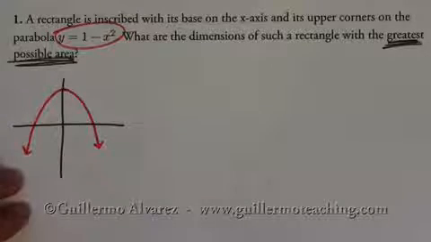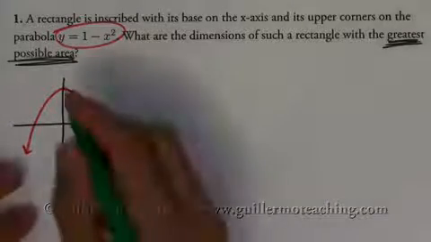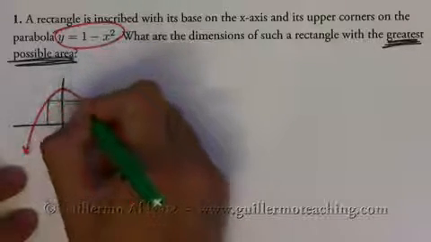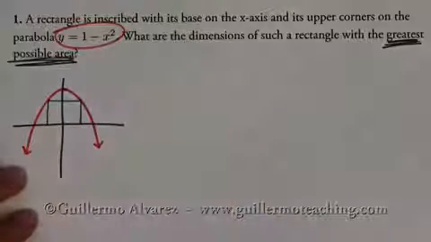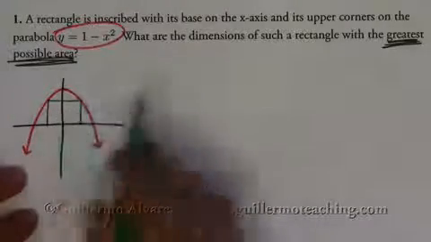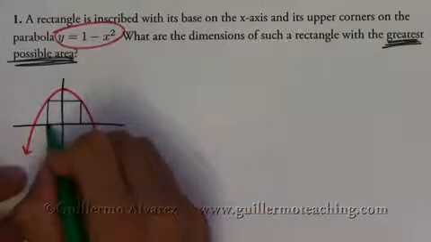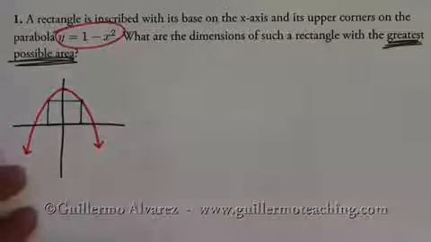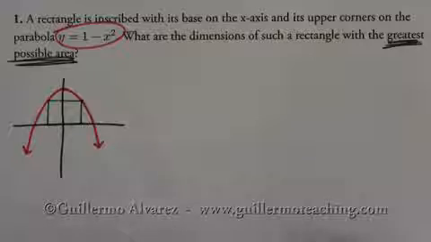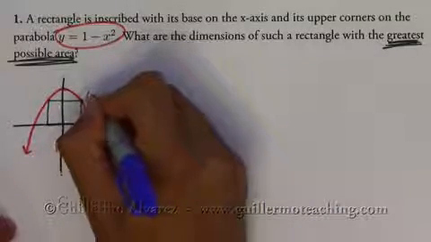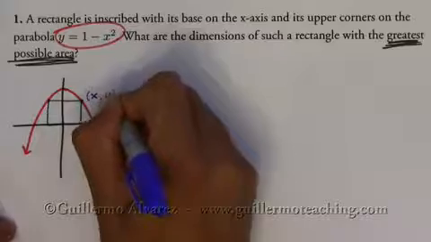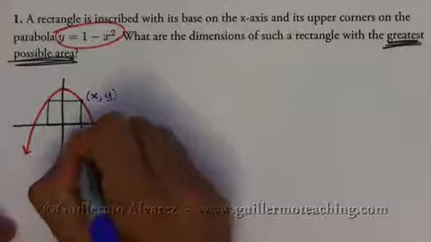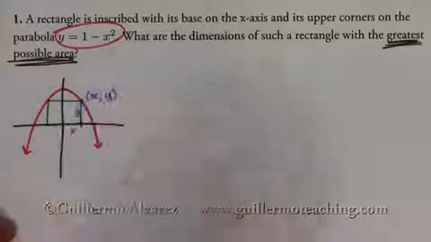Then there's a rectangle inside of here, and let's just assume, for the sake of simplicity, that this rectangle is symmetric. Here there's a coordinate point. This has an x value and a y value, so this right here is going to be x, and this is going to be y.